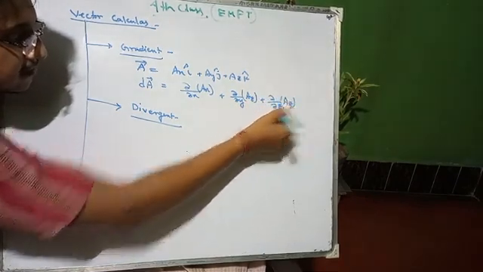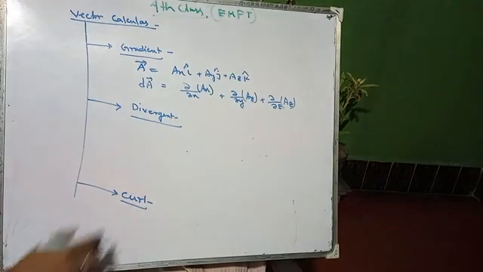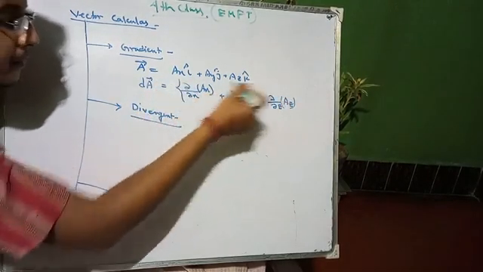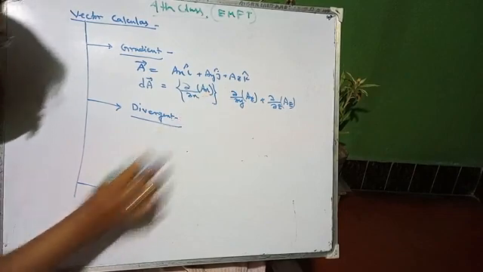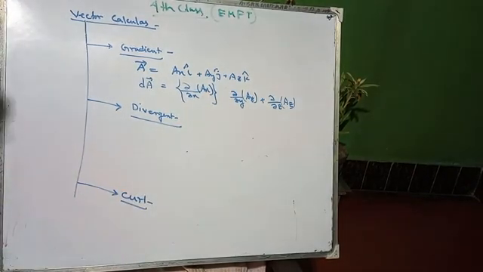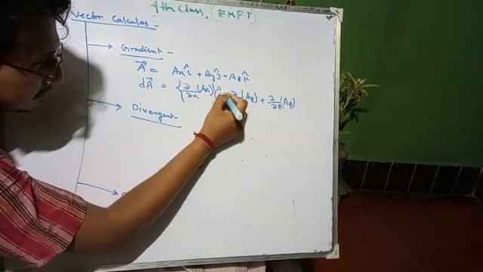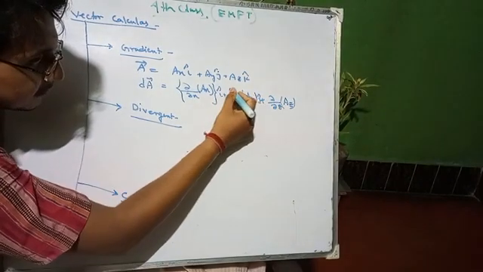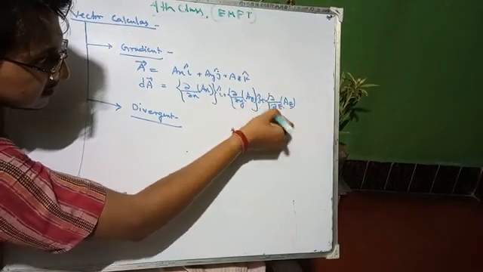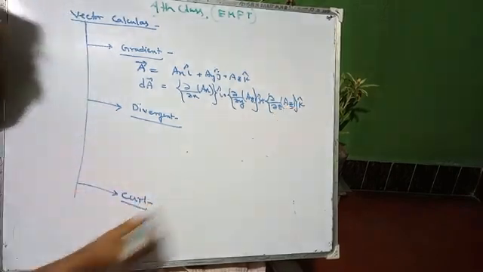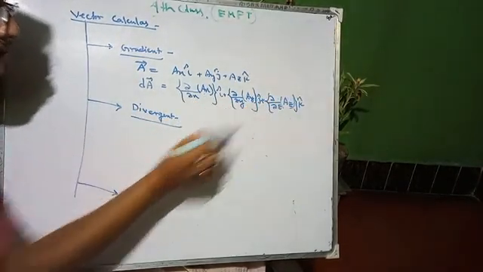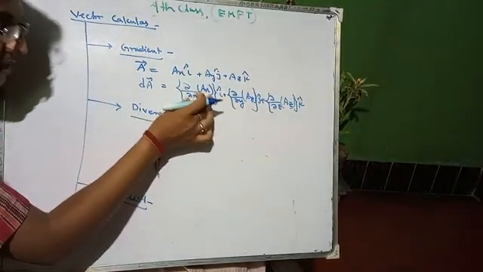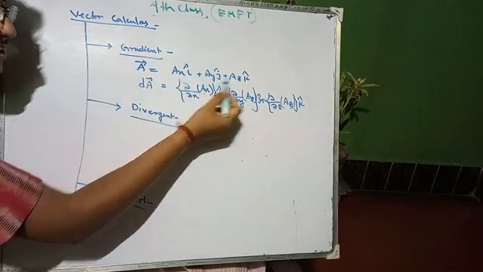If we apply this, it will be a vector quantity, i cap plus j cap and k cap. Actually we are taking the ax, ay, az part only. So whenever we are differentiating, we cannot take i, j, k cap.